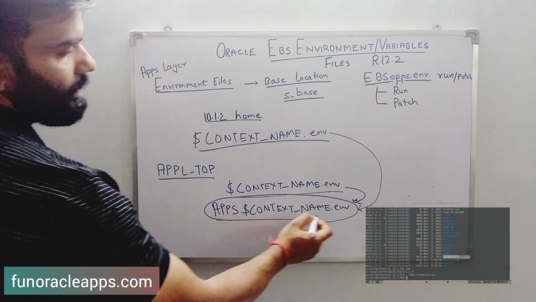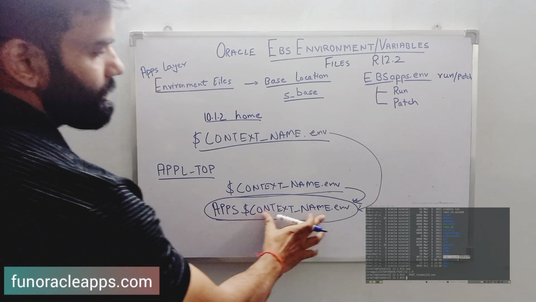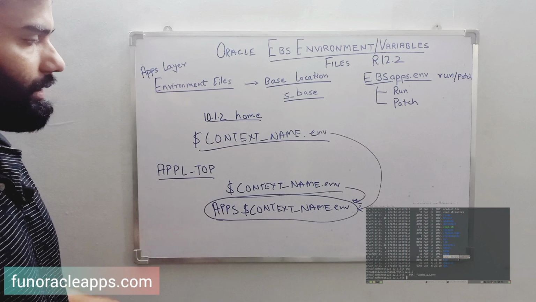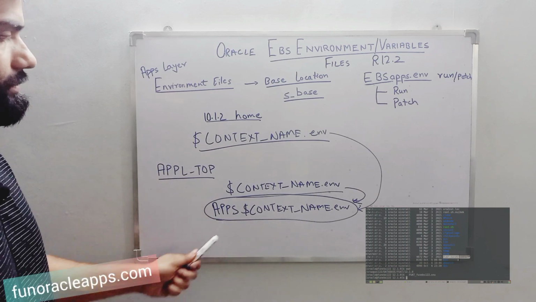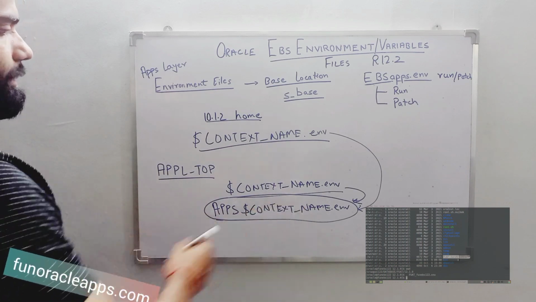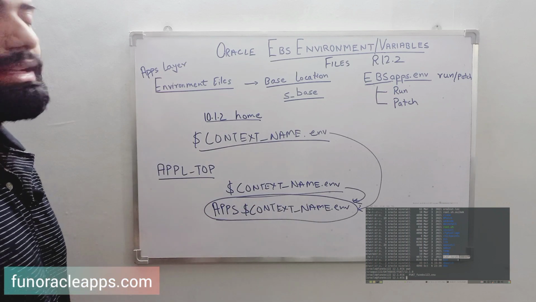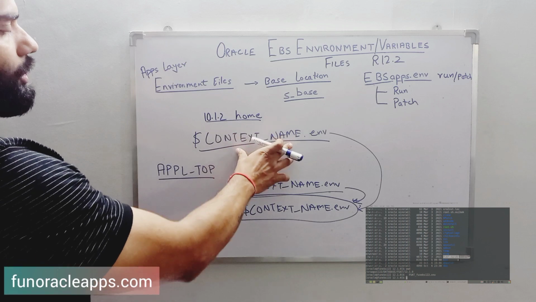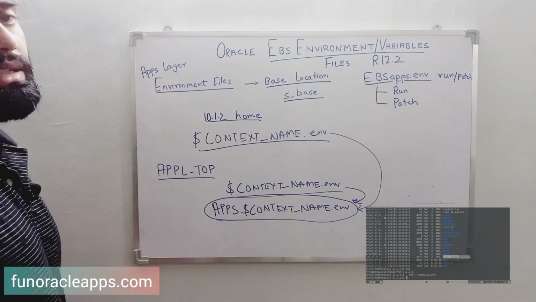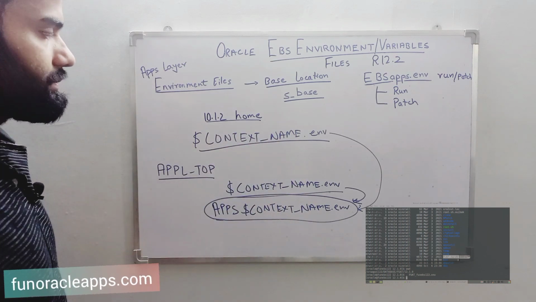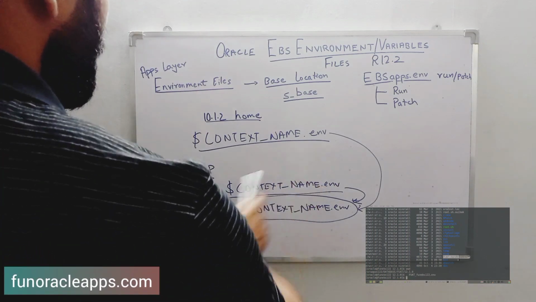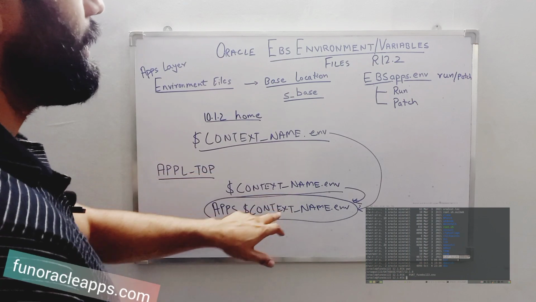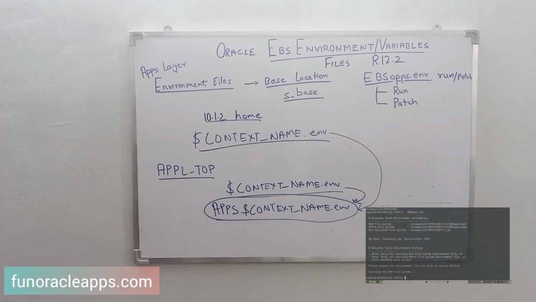So apps$CONTEXT_NAME.env. The context name.env is the same thing I just told you about, comprised of your SID underscore host name. This file is the wrapper file which will be calling both the files internally. Now let's see how these are called in the file.